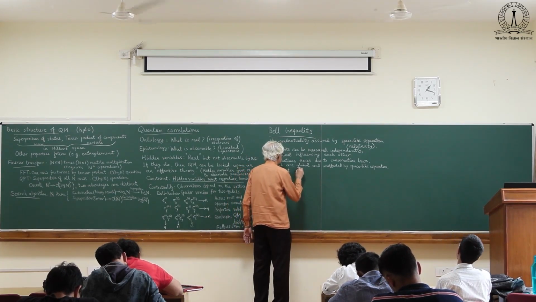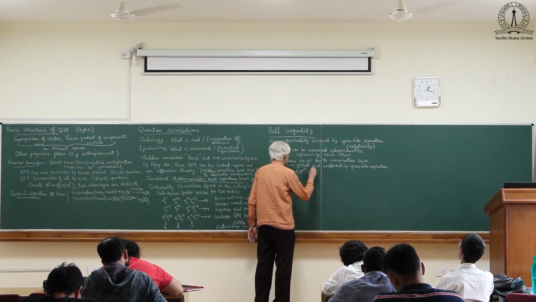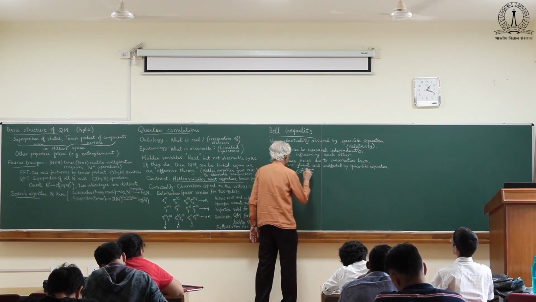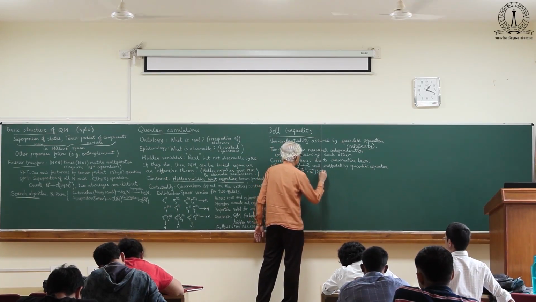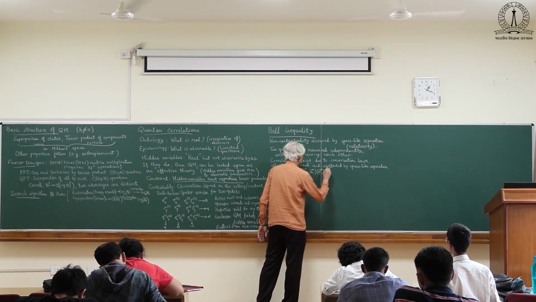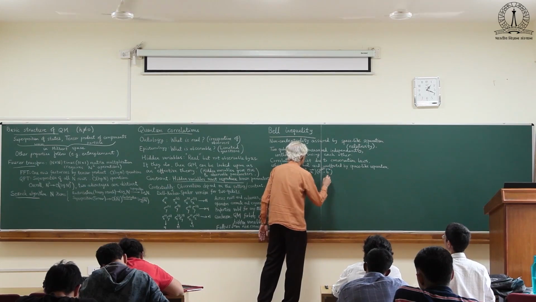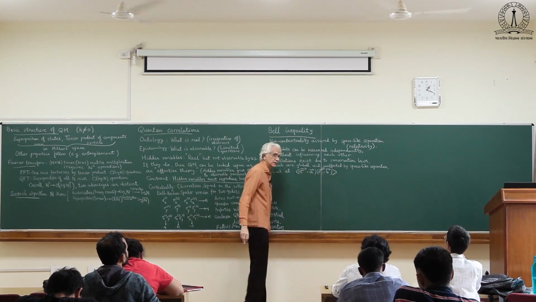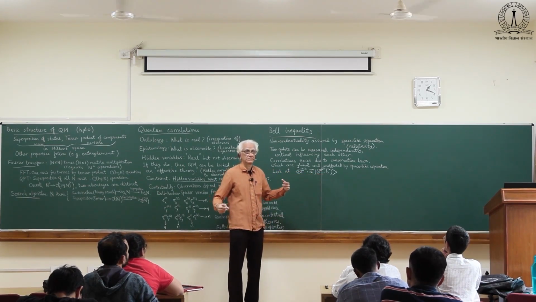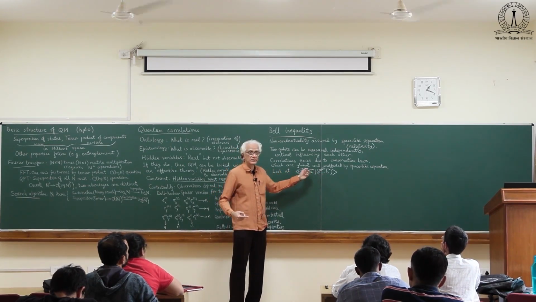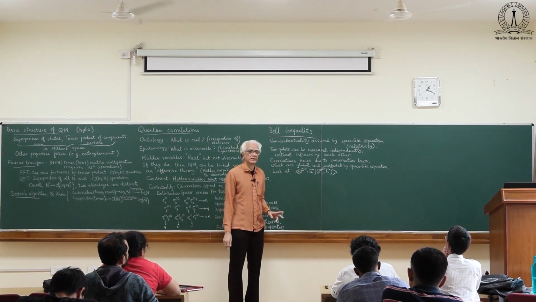So the correlations which are looked at in case of Bell inequality are of the form sigma 1 dotted with A, and then sigma 2 dotted with B. A and B are measurement directions, because I'm just observing Pauli matrices on two qubits. I have to choose some direction.